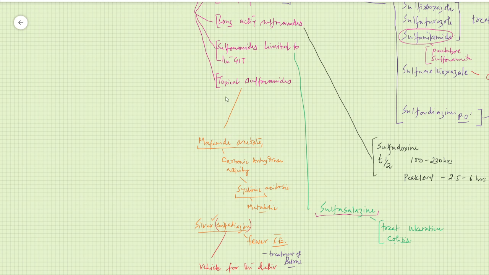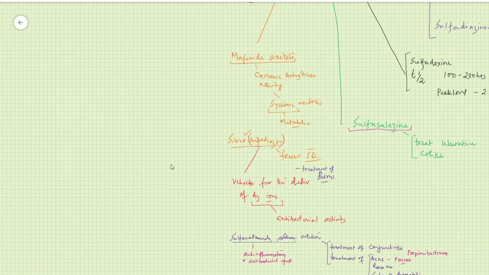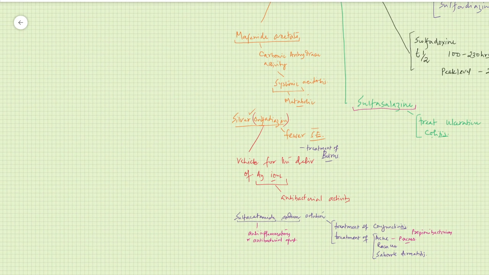Then we talked about topical sulfonamides. The first agent used was mafenide acetate, but it has systemic effects, like metabolic acidosis, and that led to newer agents like silver sulfadiazine being developed. Sulfadiazine itself acts as a vehicle for the delivery of silver ions, and it's the silver ions that have predominant antibacterial activity.